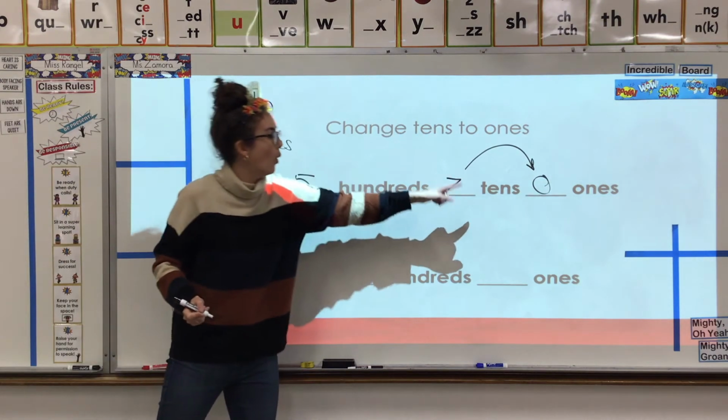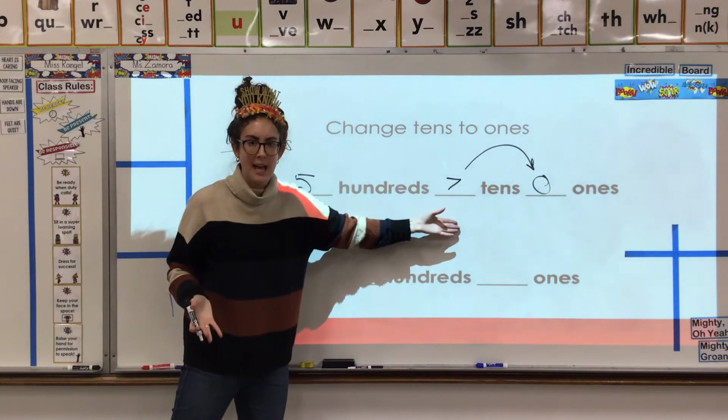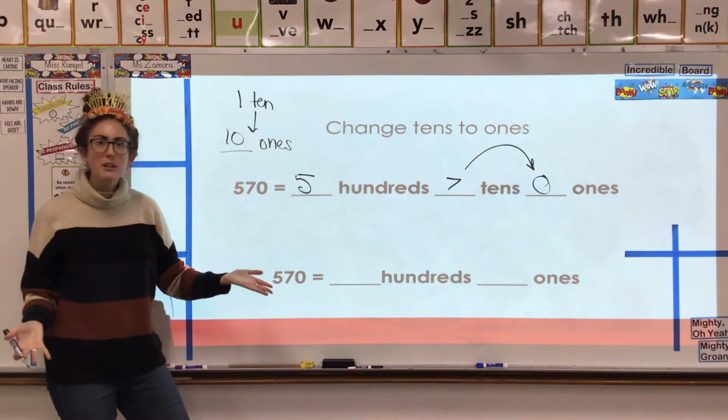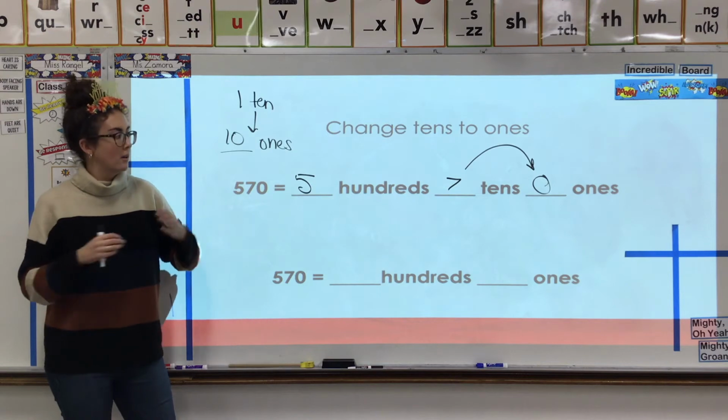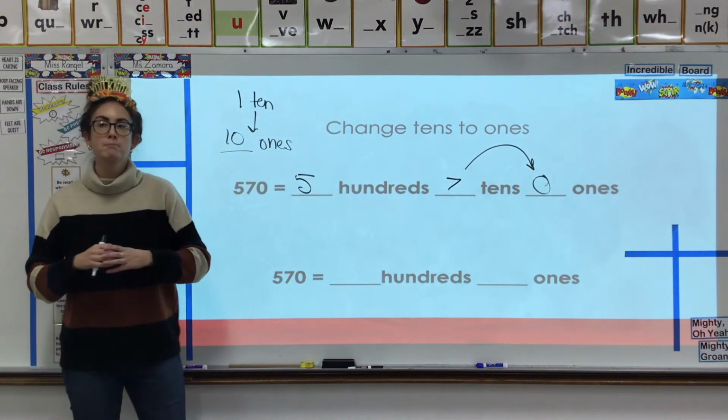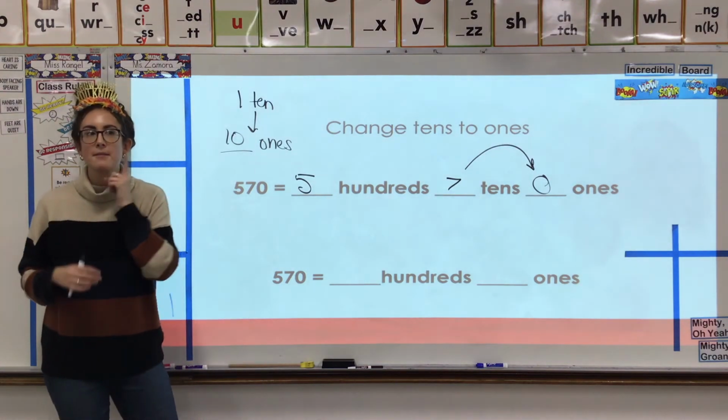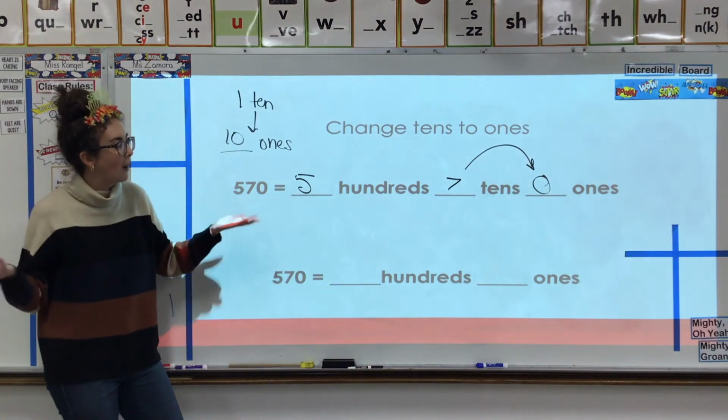But we have a whole group of 7 tens. How can we figure out how much is 7 tens? What could we do? What's an idea? 7 tens is how many ones?